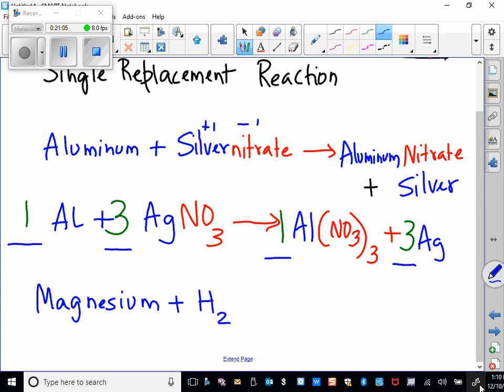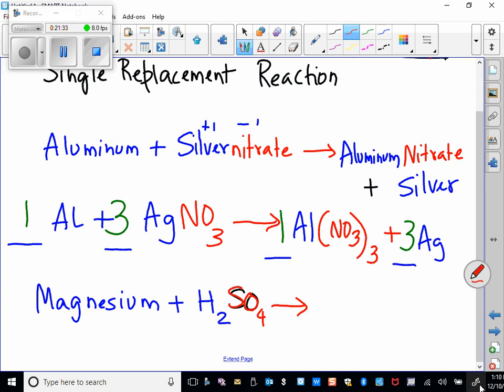Sulfuric acid is H2SO4. What do you think will be the product of the reaction? Remember, you cannot put two metals. In this case, the blue is my metal.